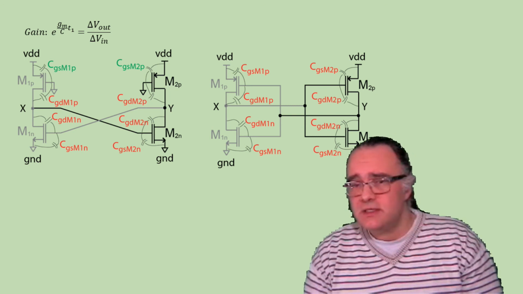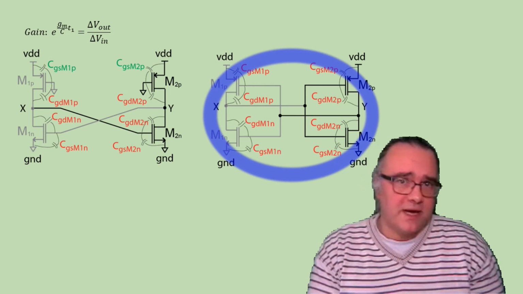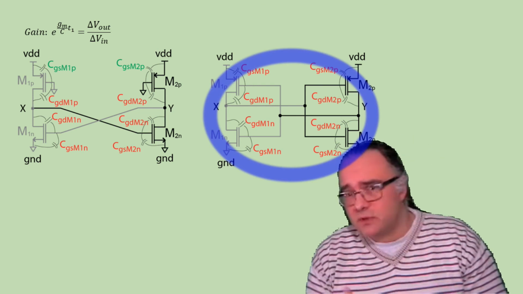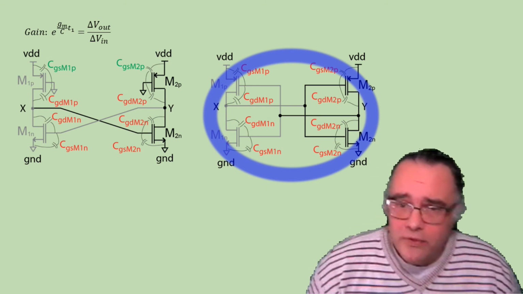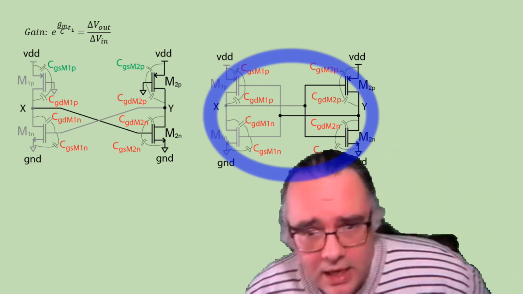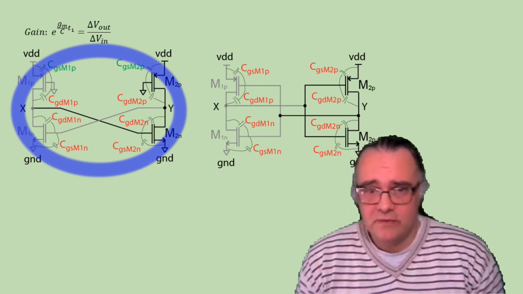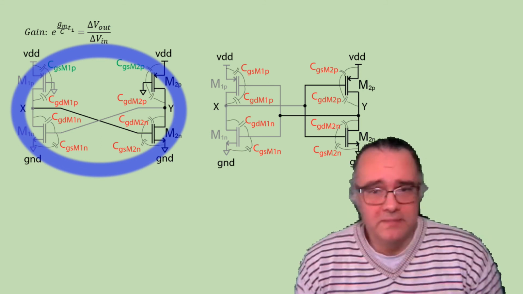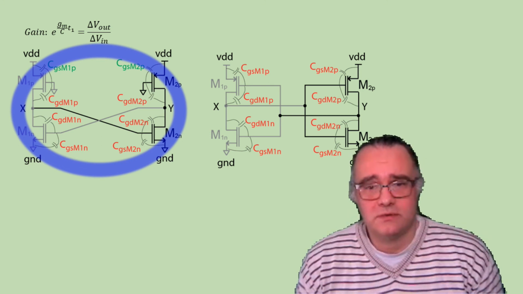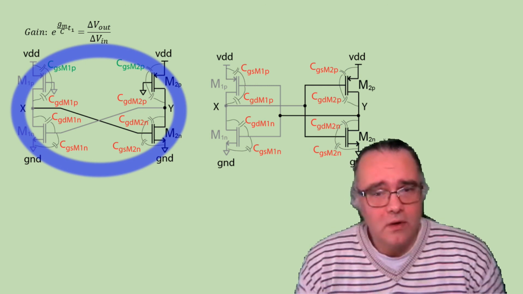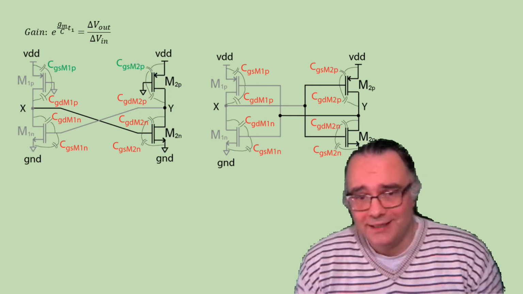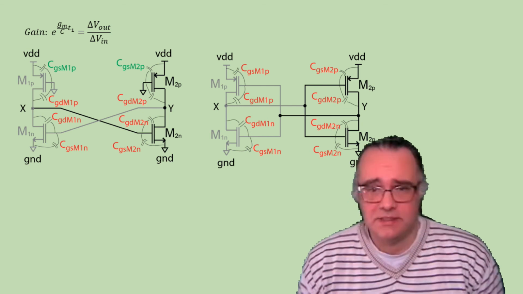So you see that in one case you have more capacitance, because you have the capacitance of both the NMOS and PMOS transistors, and in the other case you have less equivalent capacitance, because you have only the capacitance of the NMOS transistors, and from the PMOS you consider only the gate-drain capacitance, but not the gate-source capacitance.